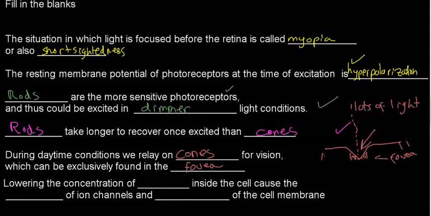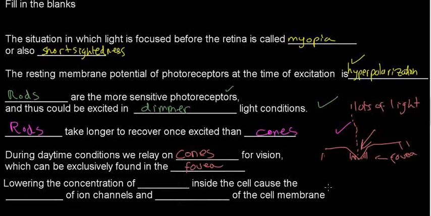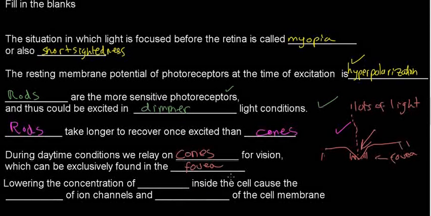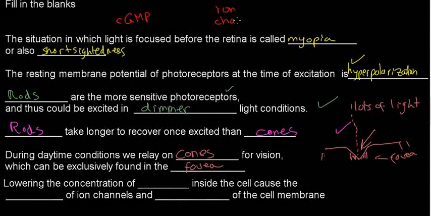Lowering, what color did I not use yet? Red. Lowering the concentration of something inside the cell cause the something of ion channels and something of the cell membrane. Let's see what we have here. Well, lowering the concentration of something inside the cell causes ion channels, and we know that ion channels respond to cGMP. All we need to understand is the relationship.